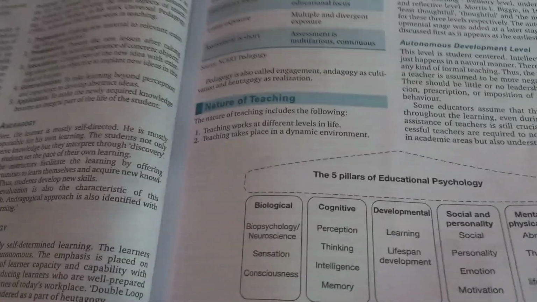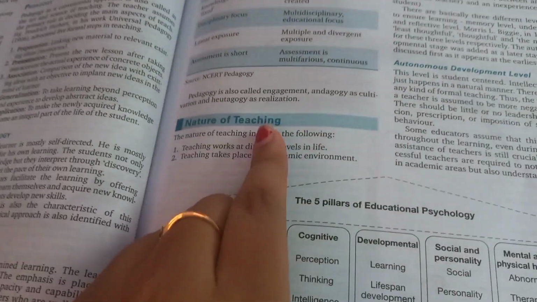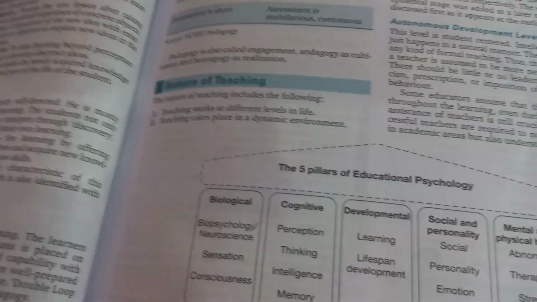And one thing that I actually don't like about this book, it's not a very huge matter, but for me personally, is the heading. This book should work on headings and subheadings.